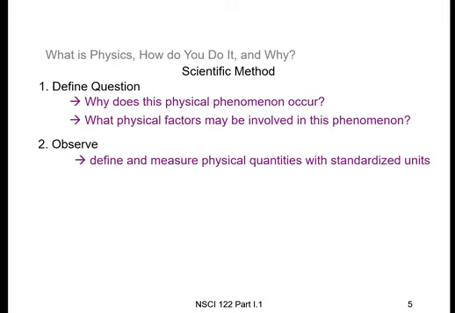Okay, so for instance, if we're looking at the rock falling, right, what physical quantities might be involved in determining, let's say, how fast the rock hits the ground, right before it hits the ground? How fast is it traveling? Well, you might need a physical quantity of distance, height, time, speed.